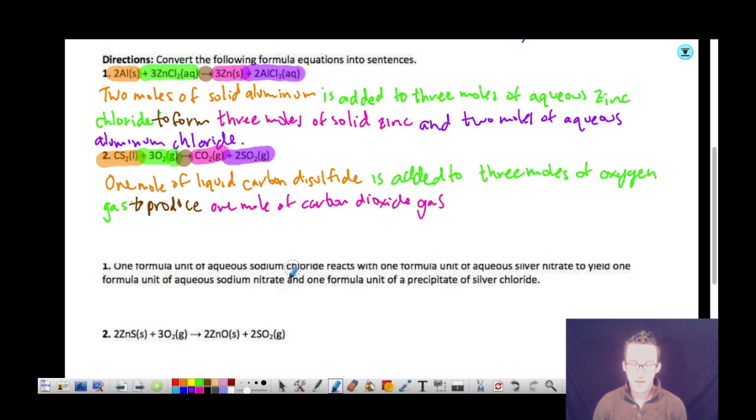And don't forget our SO2. And 2 moles of sulfur dioxide gas.